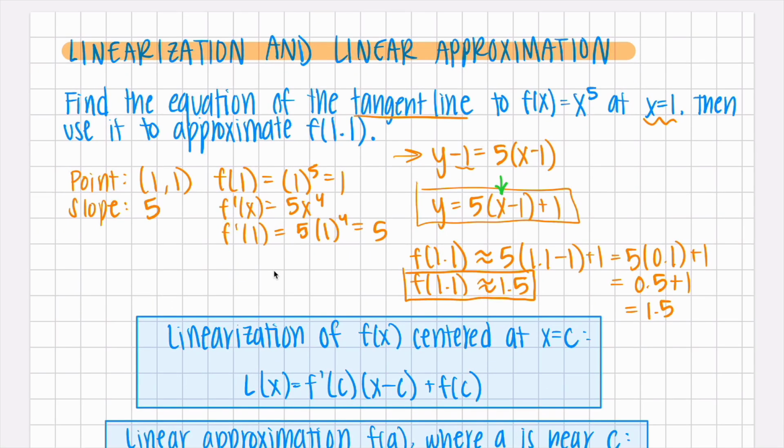The terms in this section are linearization and linear approximation. And we have a formula for linearization. But I want to point out that this formula is just the equation of a tangent line. So I never recommend to my students to memorize this formula. This is your slope, just like we have here.